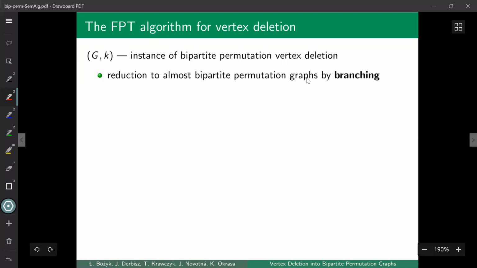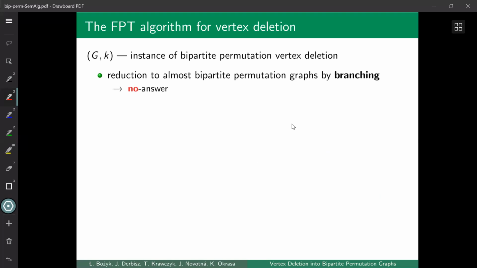And here by small forbidden structure, I mean a cycle of length at most 9, so 3, 5, 6, 7, 8, or 9, or one of the 3 small graphs.